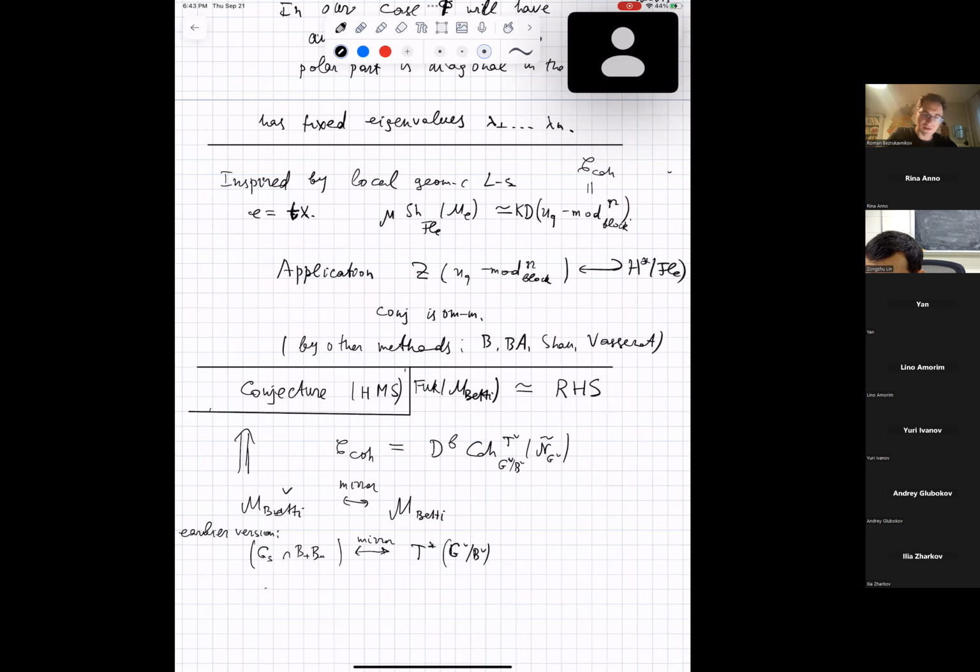Since you already mentioned some periodic stuff: their construction of the hyperkähler structure on the Hitchin space gives you a non-Archimedean hyperkähler. They have a parameter in the theory, which is a radius.